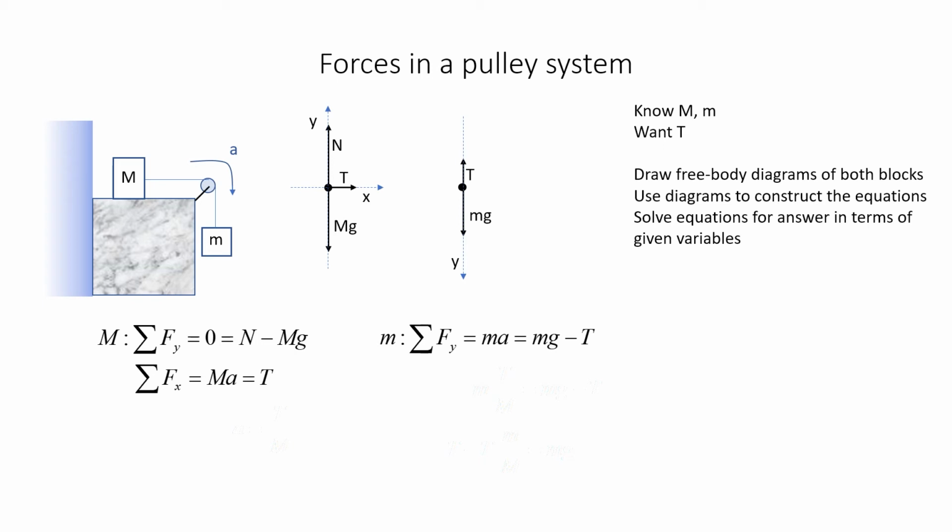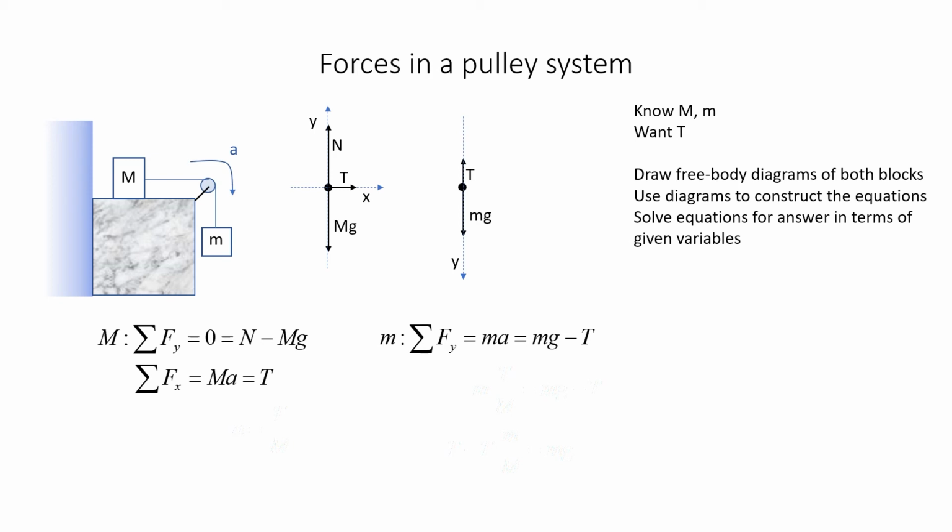Now I want to take a look at these equations and see if I have enough to solve for the variables that I want. I have two known variables, both masses. I want the tension. And I can see that my equations include the acceleration and the tension in the x equation for the capital M and in the y equation for the small m.